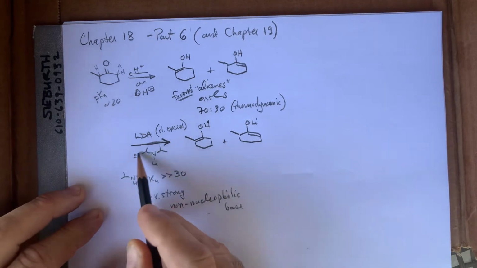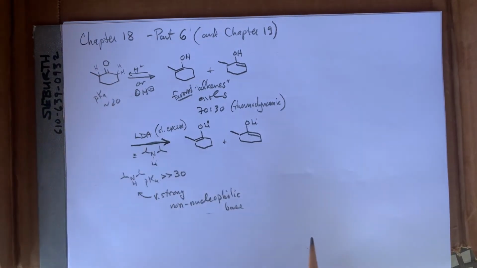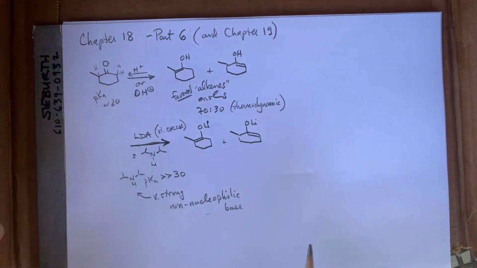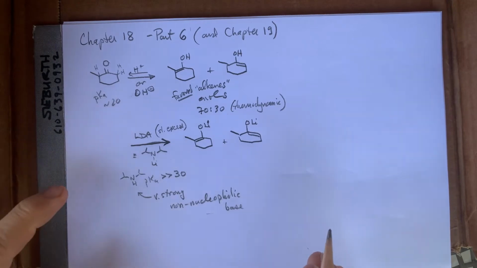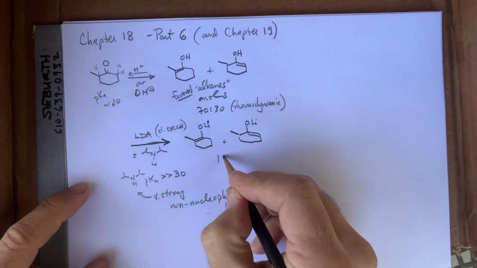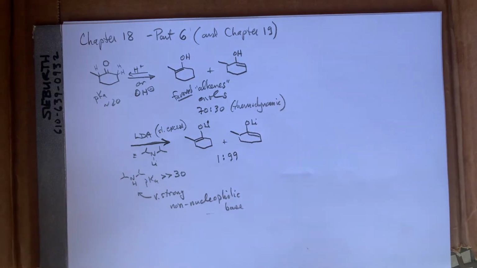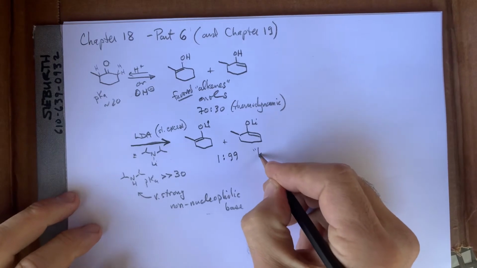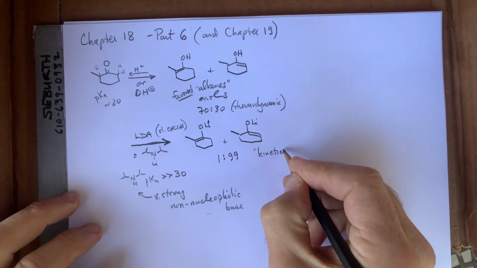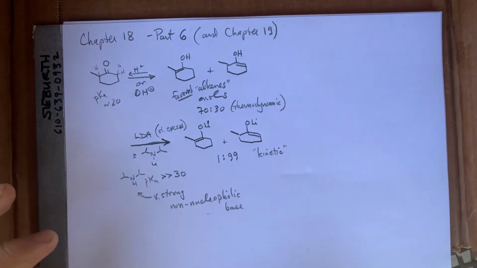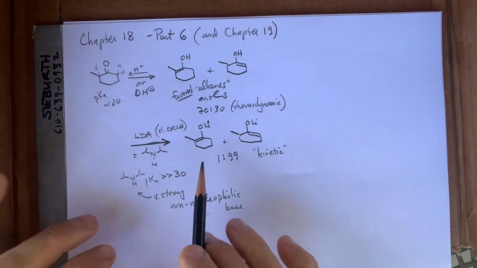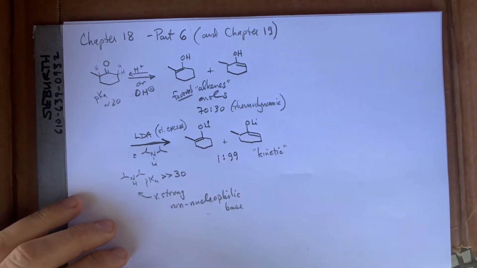And so in LDA, this bulky base zooms in to deprotonate. You get a ratio of about 99 to 1. We refer to this as the kinetic enolate, as opposed to the thermodynamic enolate.